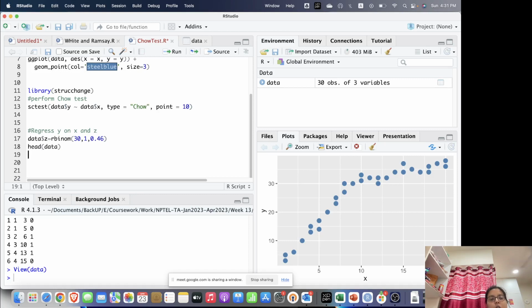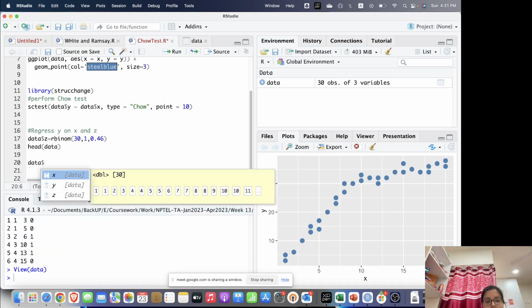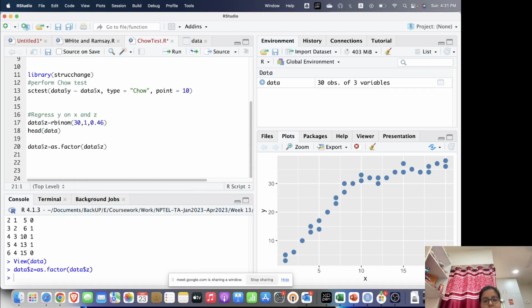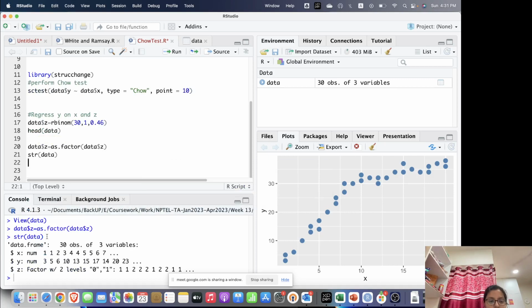What I have to do is write data$z equal to as.factor. If I look at the structure of the data, you'll see x is a numeric column, y is a numeric column, but z is a factor with 2 levels. So now this variable has been made into a categorical variable.